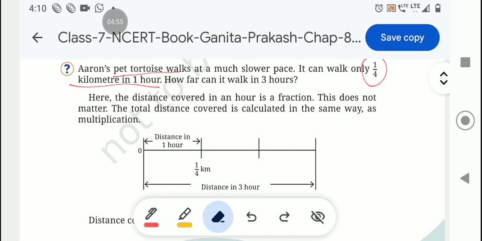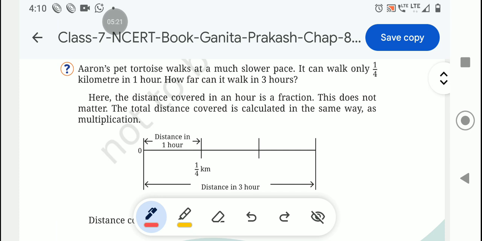In the earlier question it was 3 kilometers in 1 hour and no fraction was involved, but here 1/4 kilometer is covered in 1 hour, and we have to find 3 hours.